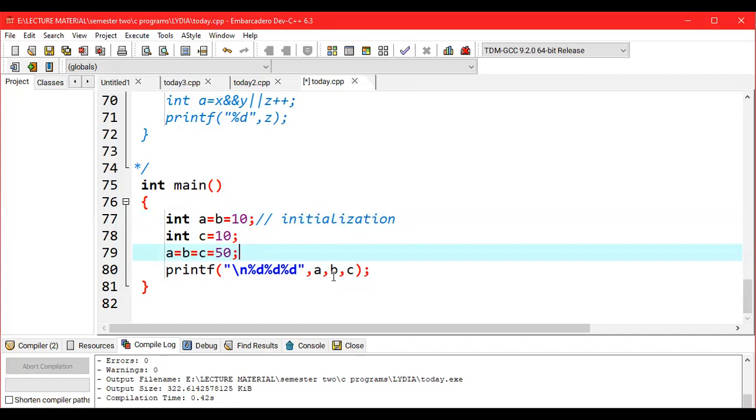Did I copy it very well? Because we are supposed to first debug it. Because if A is equal to B and equal to 10, C is equal to 10.